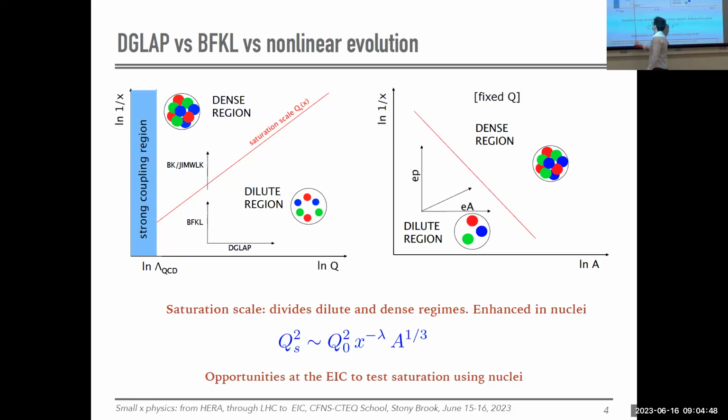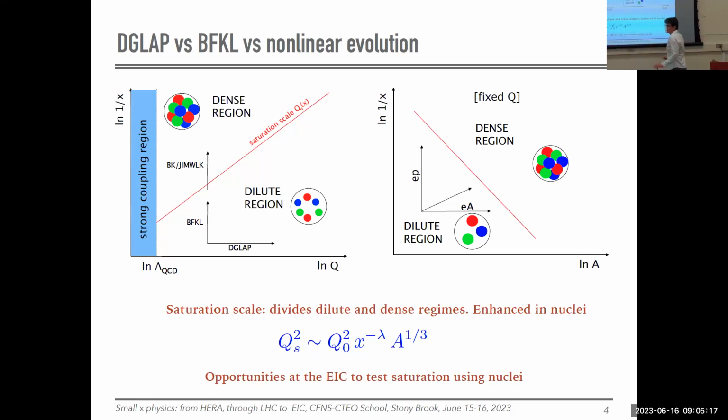We have the DGLAP evolution with increasing scale here, and then BFKL operates in this direction. Once you go to sufficiently high energies or small x, you enter this dense region that is divided from the dilute region by the saturation scale, which is x dependent. Essentially it's a straight line.